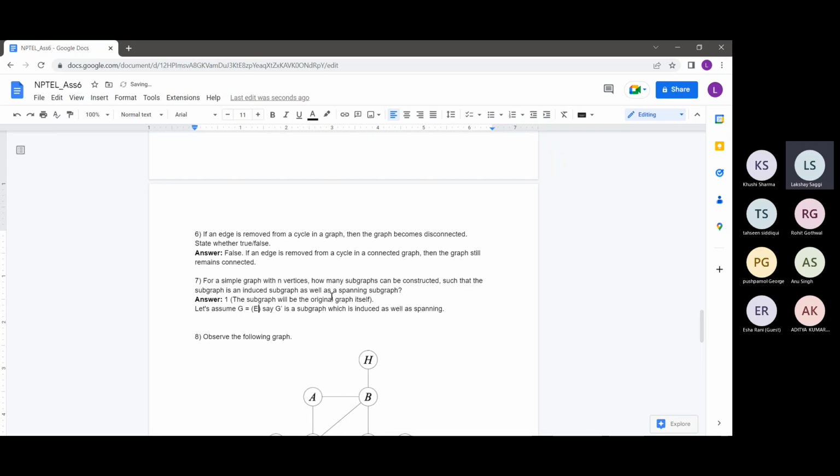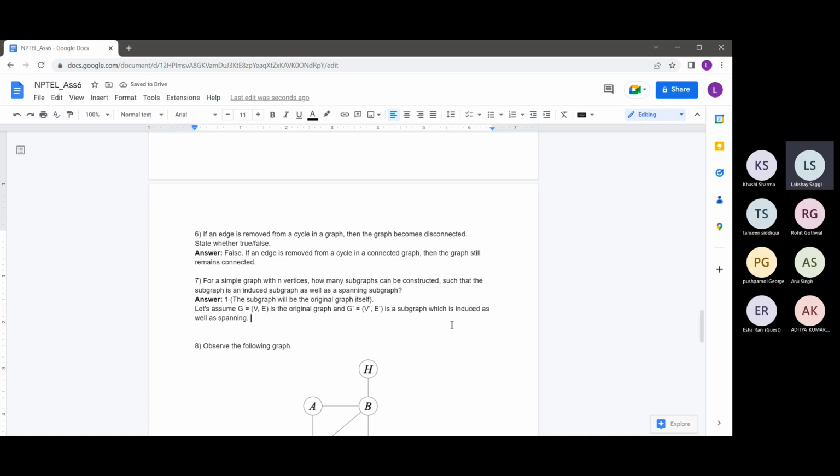So G contains the vertices V and the edges E, and G prime is a subgraph. Let's say G prime has vertex set V prime and edge set E prime. So G is (V, E) and G prime is (V prime, E prime). G is the original graph and G prime is the subgraph which is induced as well as spanning. I'm going to prove to you guys that G equals G prime.